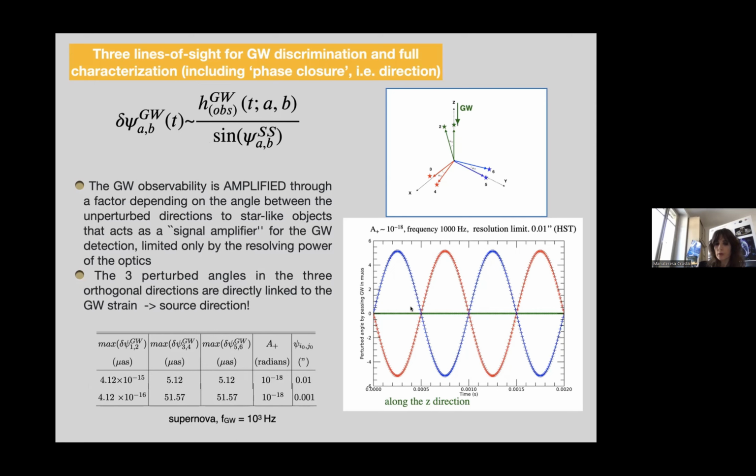For example, in the first row the value is 10 mas, the optical resolution. Of course, if we improve by one order of magnitude, we have a very strong signal, about 41 microseconds. So the advantage of this equation is not only to give us the direction of gravitational waves, but also possibly to amplify the signal if we choose an optimal optical resolution.